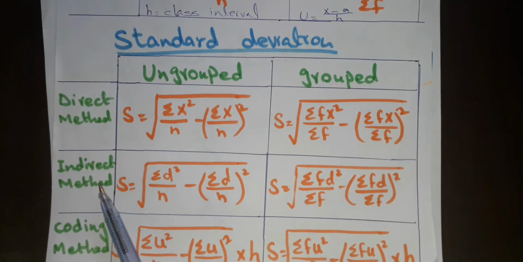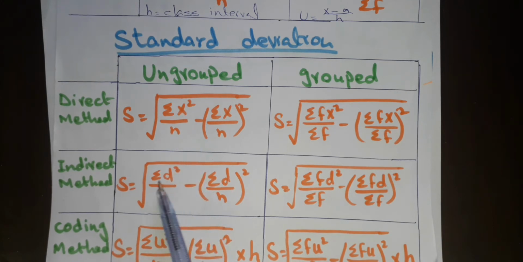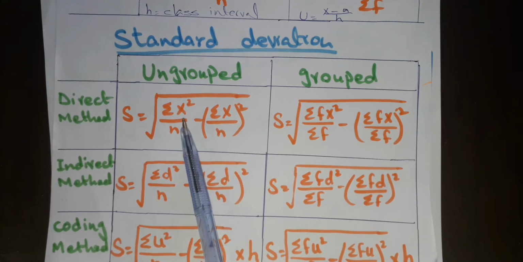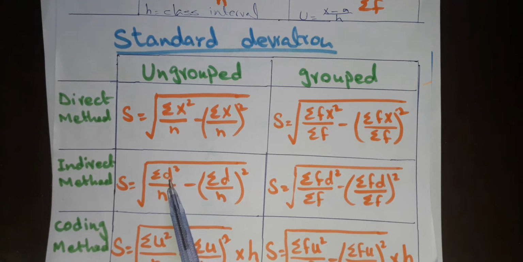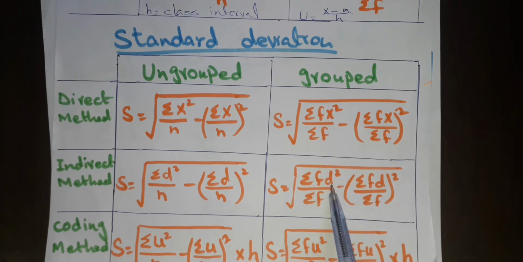Now the second formula, the indirect method, which is also known as the shortcut method. In this formula, we replace x by d: summation d square over n minus summation d over n whole square. There is no change, only we replace x by d. In the same way, in the grouped formula, there is no change, only we replace x by d.